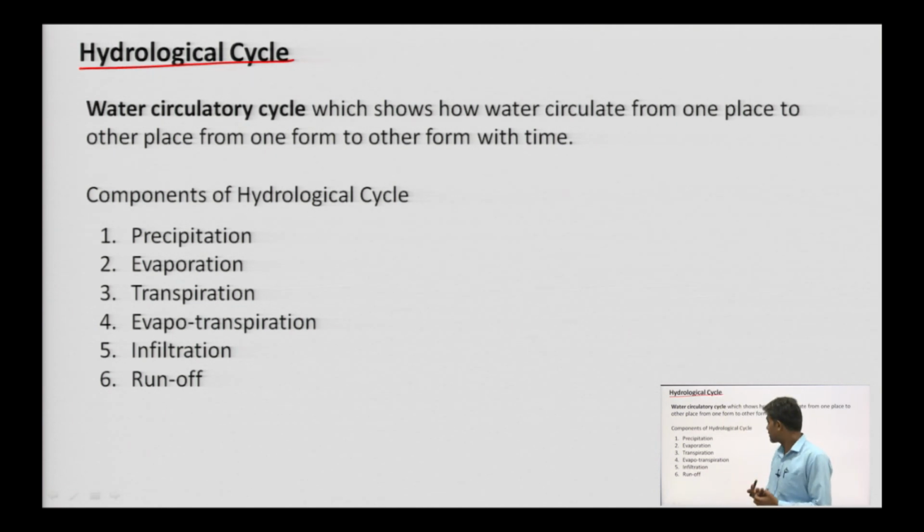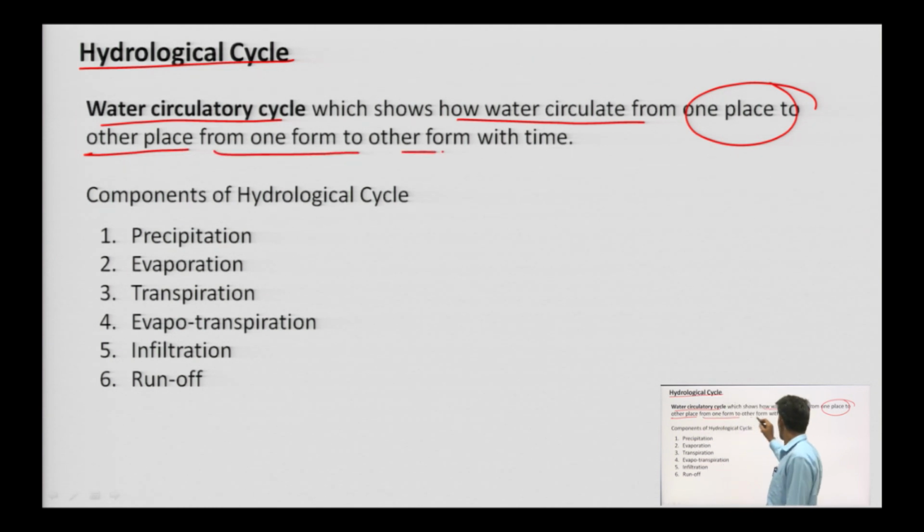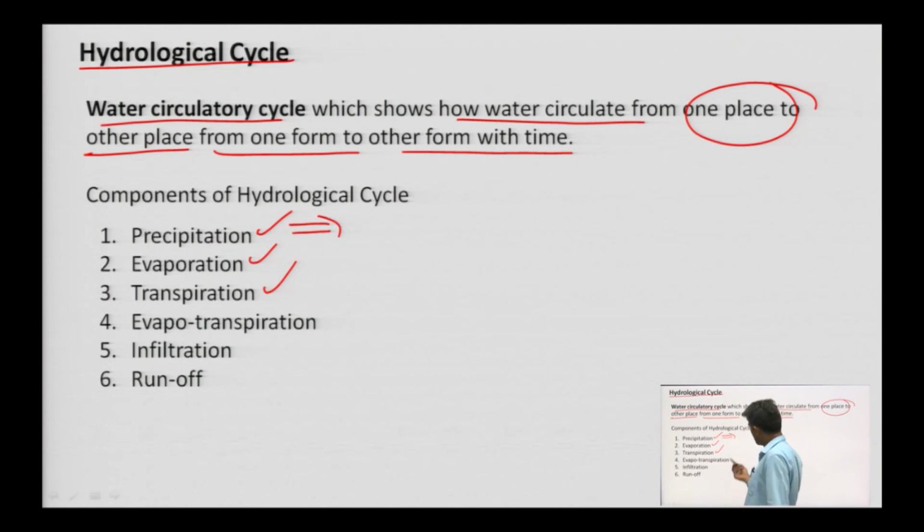It is a water circulating cycle, which shows how water circulates from one place to another place with time. The components of the hydrological cycle are precipitation, evaporation, transpiration. Precipitation is what? We know, rainfall.